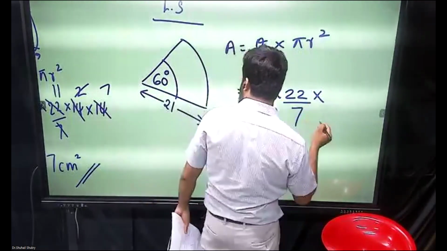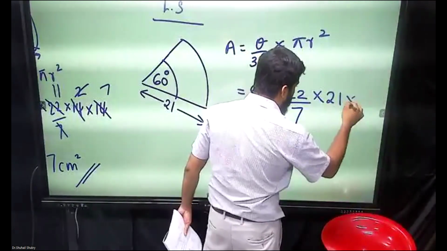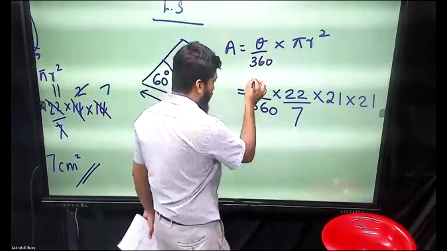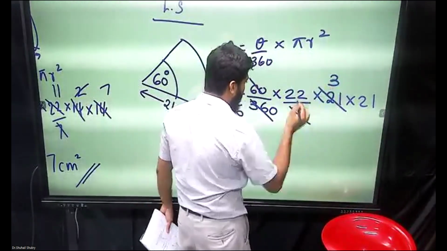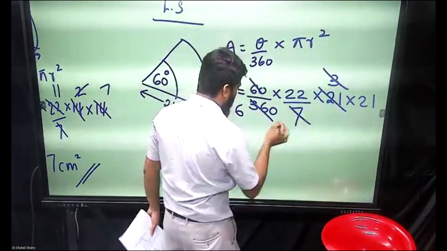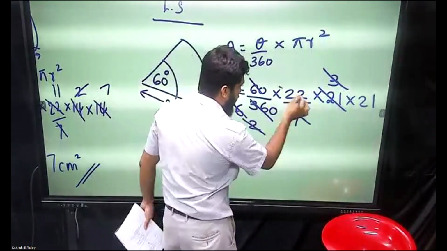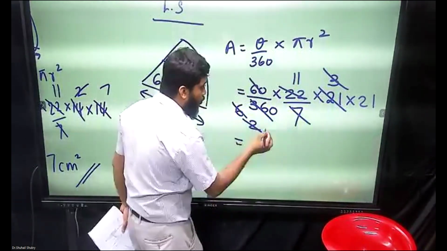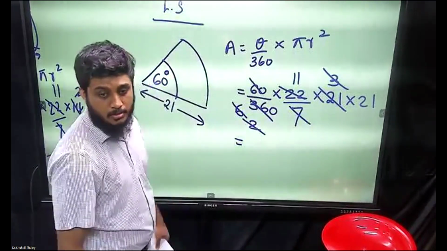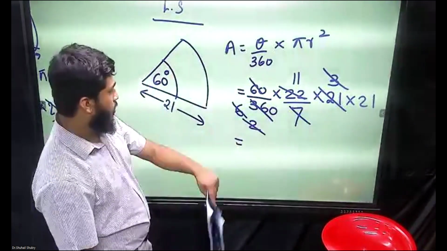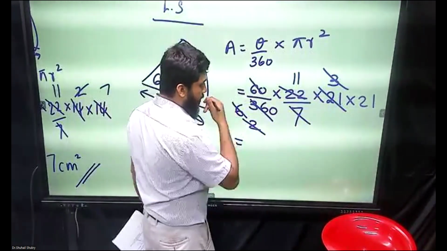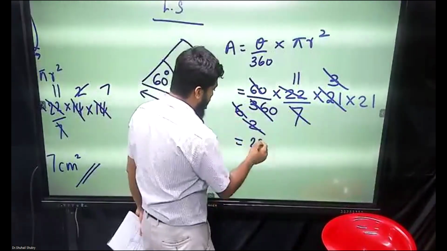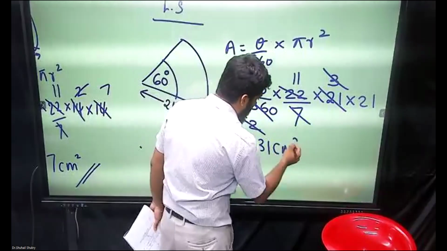For the radius, 21, 2 times. 60 and 360, there are 6. 7 and 21, there are 3. 3 and this 6, 2. 2 and 22, 11. 11 into 21, how much? 21 into 10, 210, so 231 centimeter square.